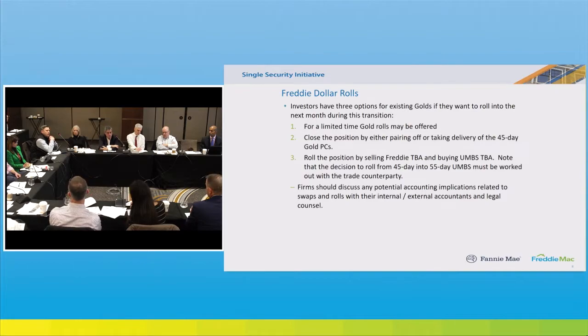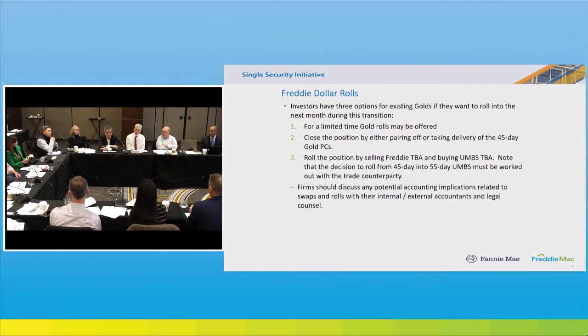I think that'll be the main mechanism people use for repositioning, and we will have to manage that. But that's probably not out of what we do in the normal course of business, between the 2 agencies or within the coupon stack or month to month. So for us, that feels fairly business as usual.